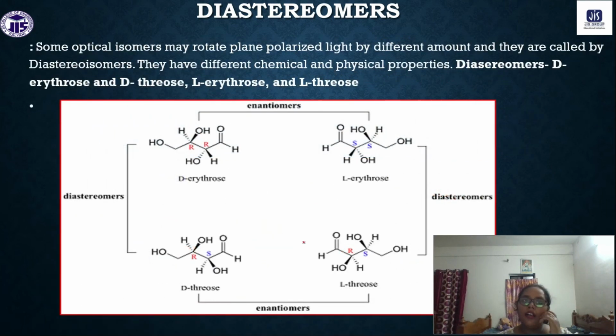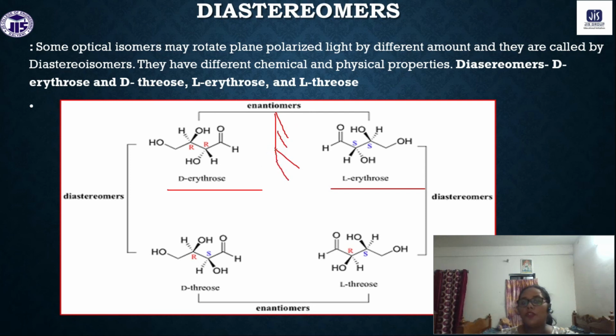Next, these are again some examples where we can see some diastereomers and enantiomers also. You can see these D-erythrose and L-erythrose, they are both enantiomers, both non-superimposable mirror images.